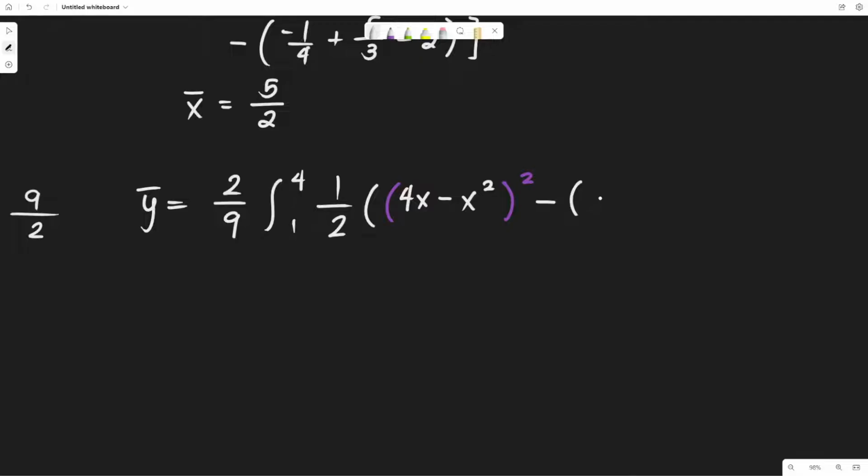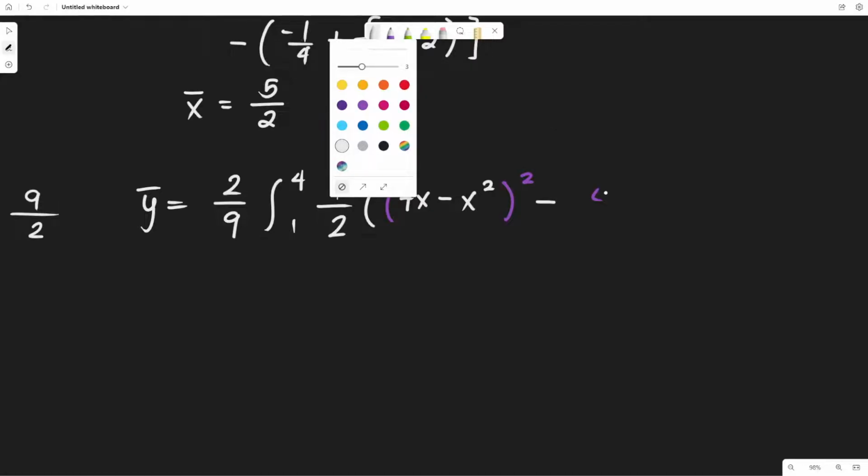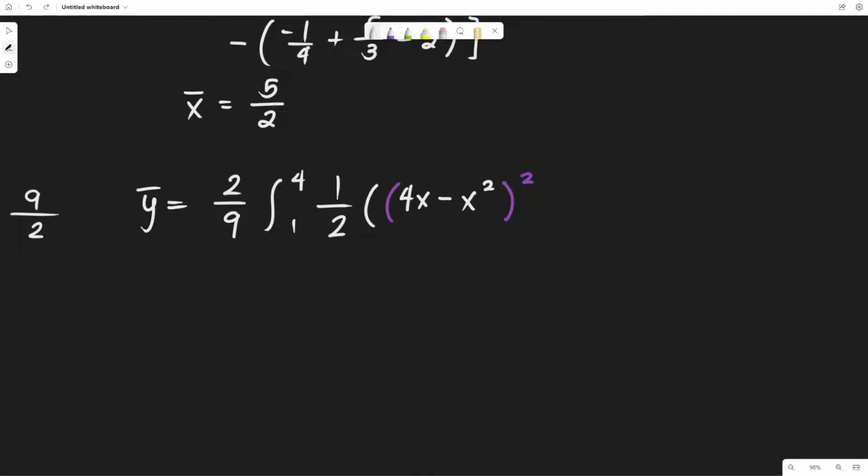Diba? That is 4 minus x. Ayan. No? So, dapat ganyan siya. No? Hindi yung kanina. Okay?